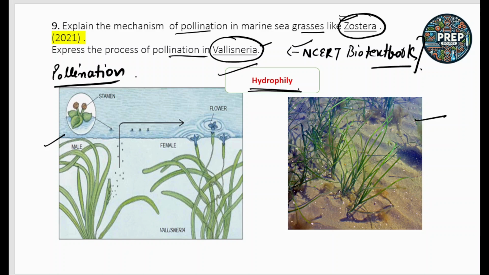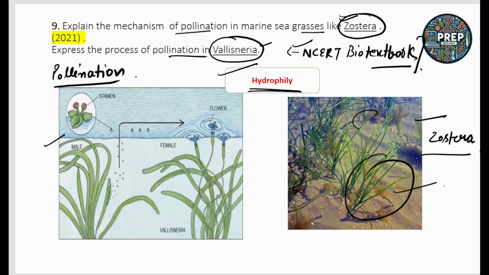Hydrophily means water-pollinated flowers. In Zostera, hydrophily occurs and the female flower remains submerged in water, and pollen grains are released inside the water. The pollen grains in such species are long and ribbon-like, and they are carried passively inside the water. Some of them reach the stigma and achieve pollination.